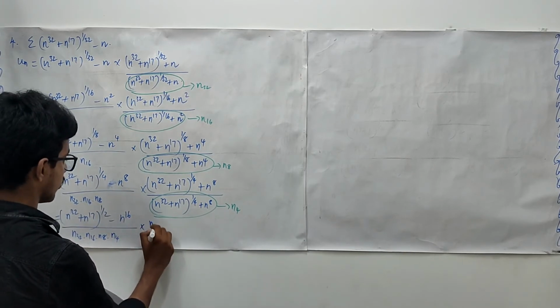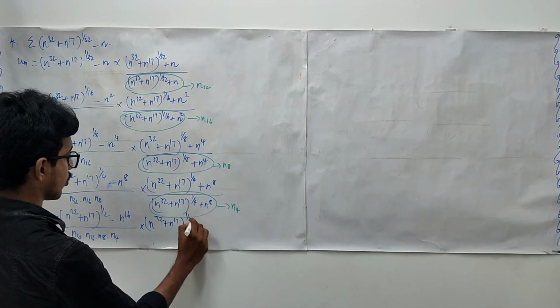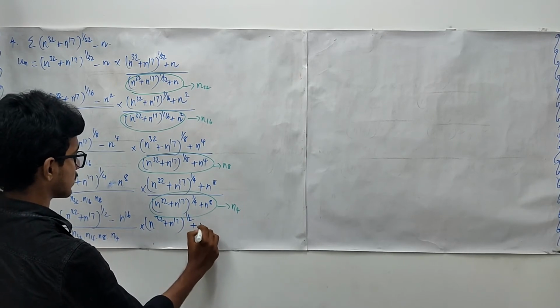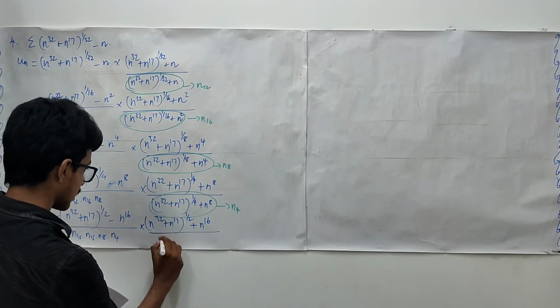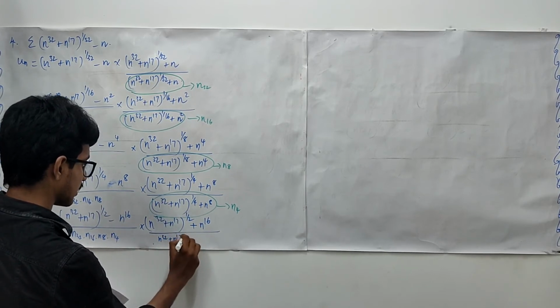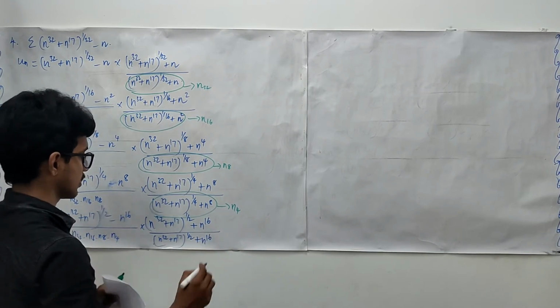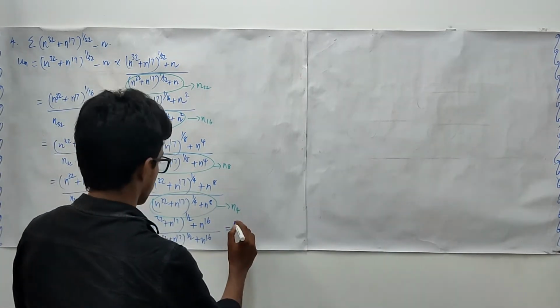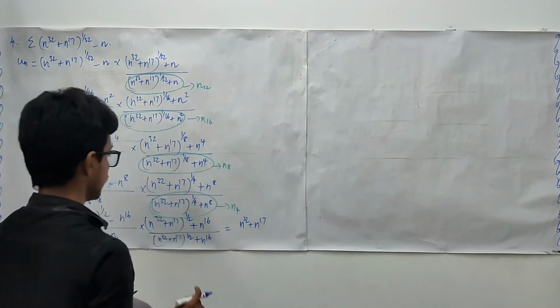So this is n to the power 32 plus n to the power 17, to the power 1 by 2, plus n to the power 16.